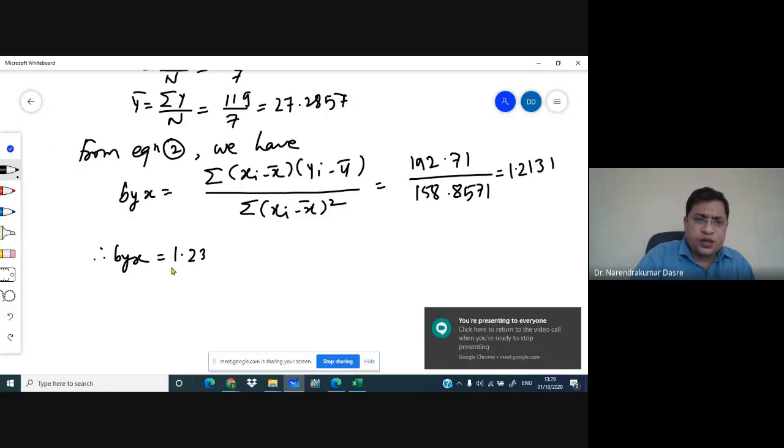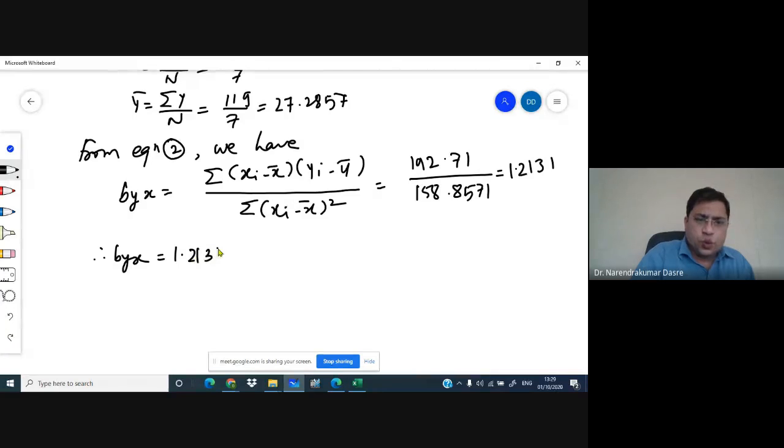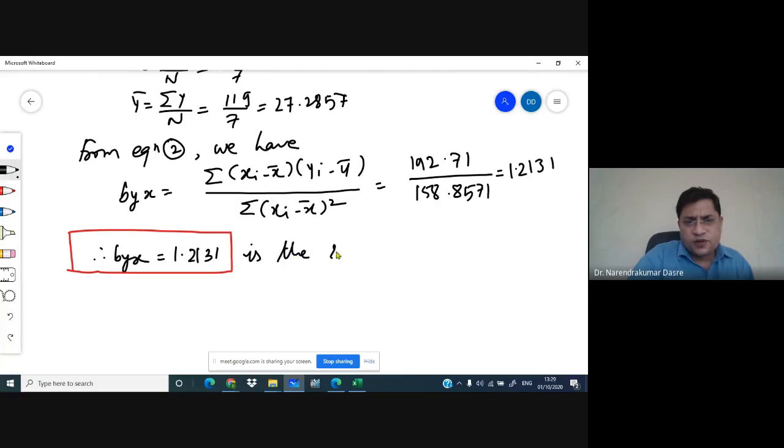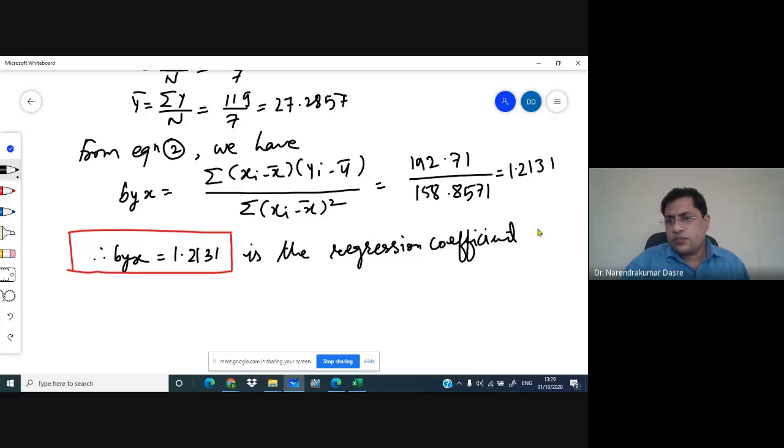So this is the value of the regression coefficient of y on x. Okay, so that's what we have.